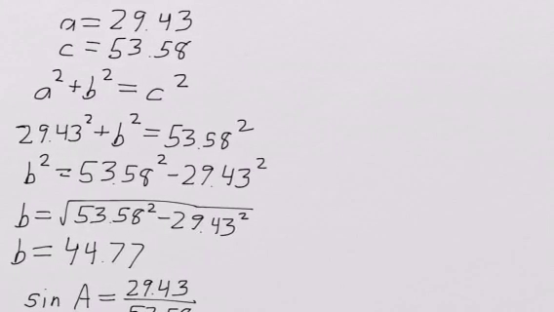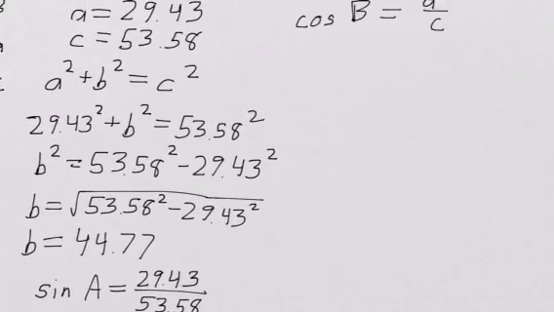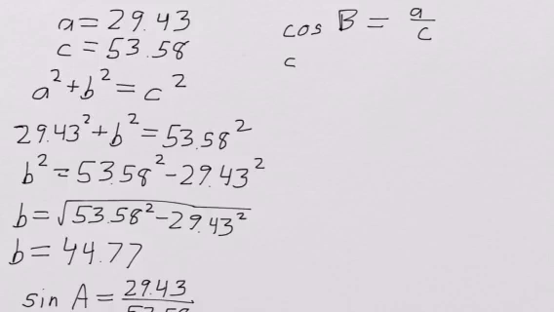But I also can use the fact that we know that the cosine of B is equal to a over c. I've already calculated what that is. And the cosine of B is equal to 0.5493.